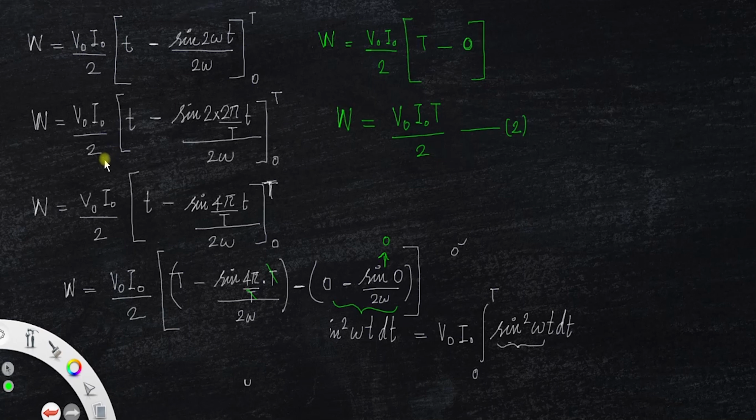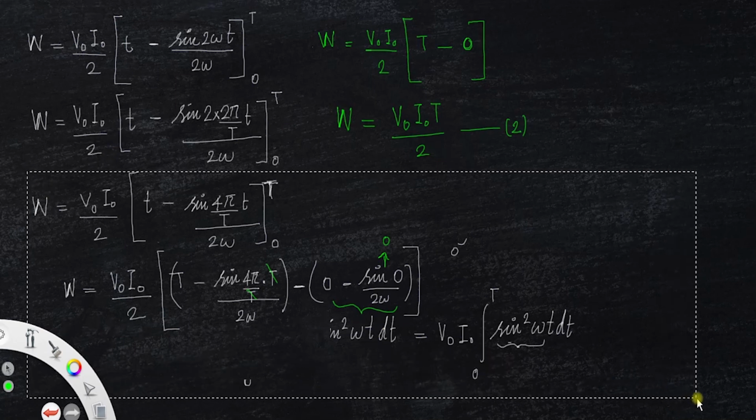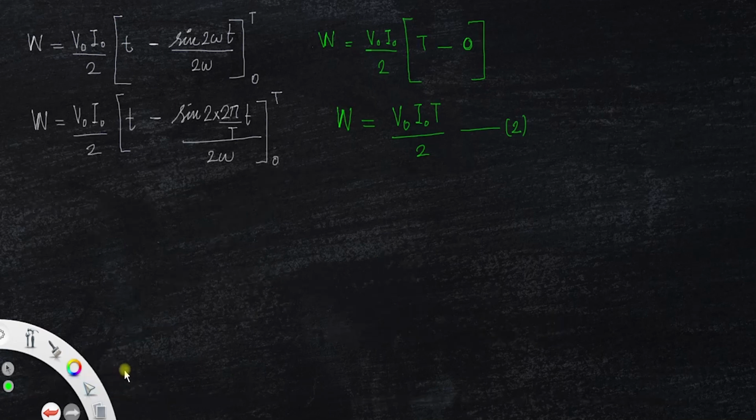Now we need to find the average power. We know average power P average is equal to the total work divided by the total time.